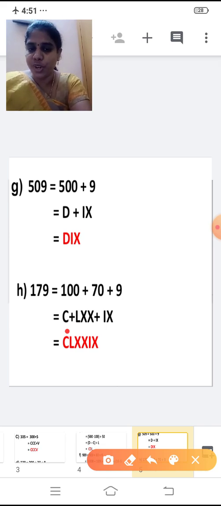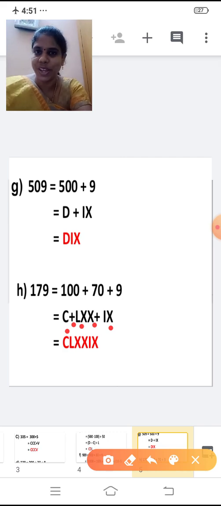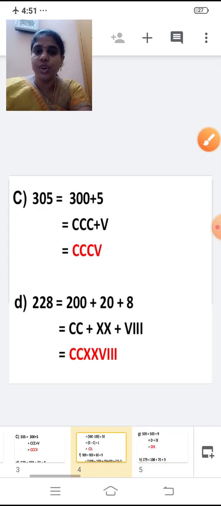So the Roman numeral for 50 is L, for 20 it is XX, plus the Roman numeral for 9 is IX. Now add all together. CLXXIX. Clear, children?